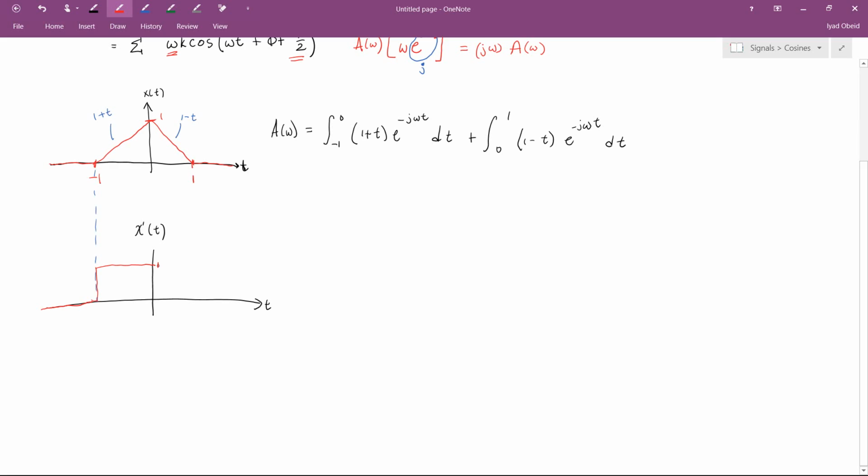Then on the range from 0 to positive 1, x of t has a constant slope of negative 1. So this will be 1, and then here's our constant slope of negative 1, and then back to 0.